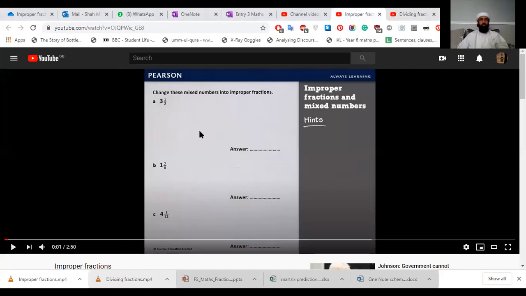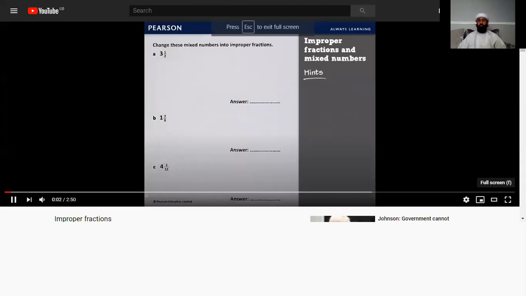So, improper fractions and mixed fractions. Change these mixed numbers into improper fractions. I'd like you to go through the video. Again, pause anytime, but listen carefully. And on the right-hand side, notice that we have lots of hints that are quite important as well. Okay, so let's get ready for this.